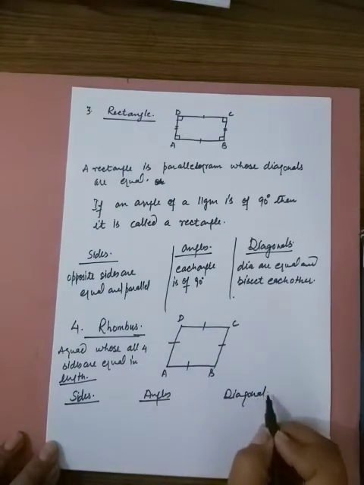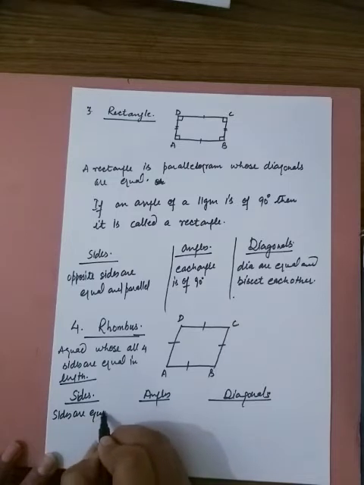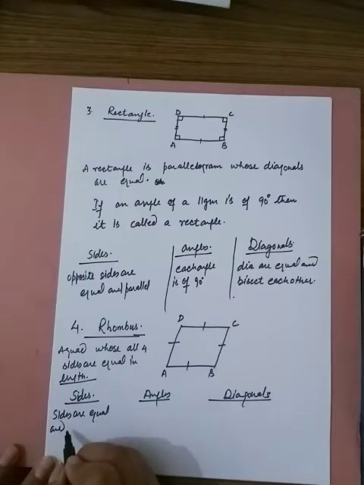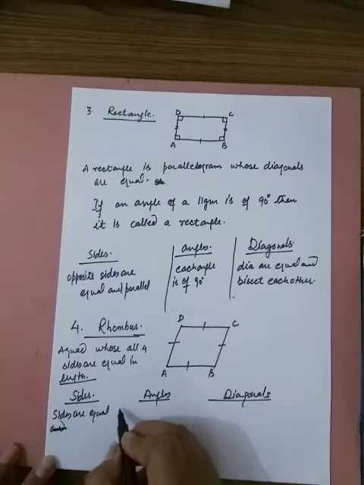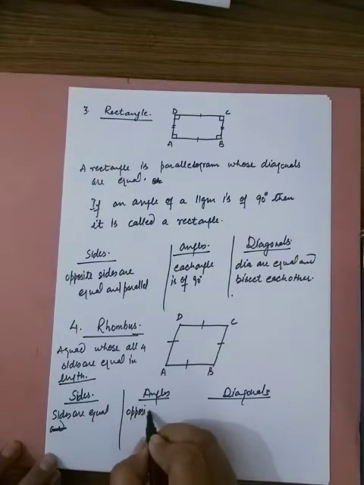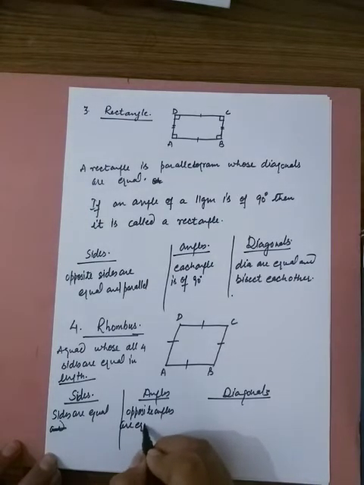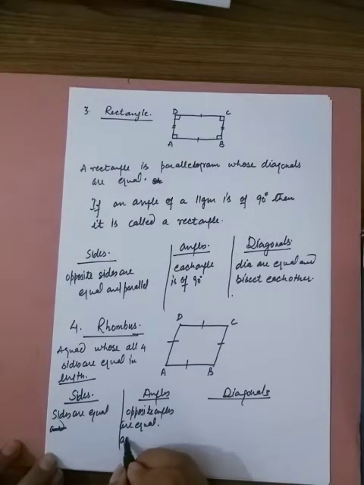We can say sides are equal and opposite angles are equal. Adjacent angles are supplementary.